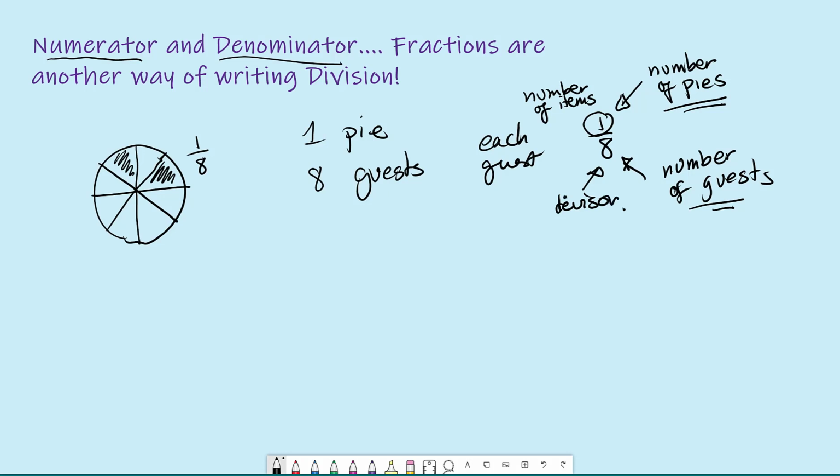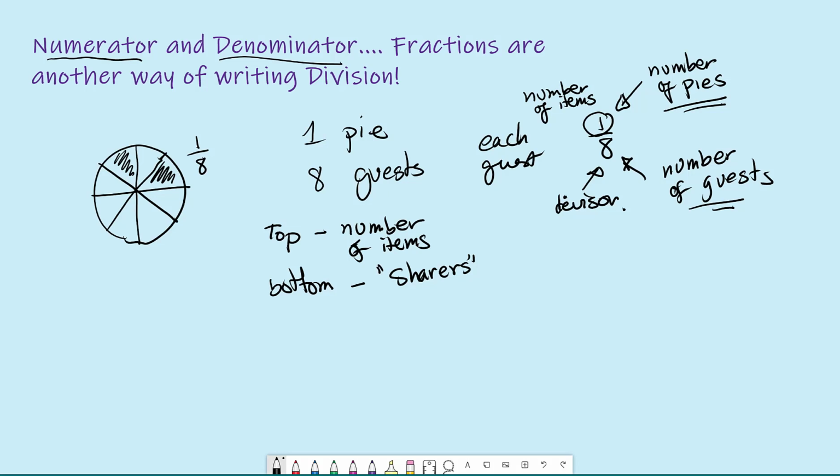Now, the divisor is also basically the number by which we are dividing our pie. So a good way of remembering this is that on top we have the number of items, and on the bottom we have again the divisor, or the number of people we're giving something to. I will call that the sharers, the number of sharers. So we have 8 people sharing a pie.